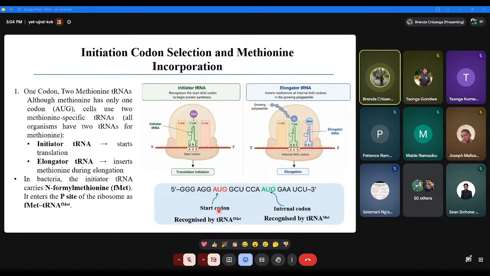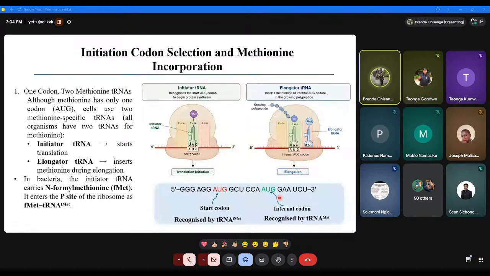So then how does the machinery distinguish this AUG from that one? There must be a way to distinguish them. And think of it in this way. If you have a sentence and you start reading it halfway, it's possible you're going to get the full instructions or the full information, but it is always best to read the sentence right from where it starts to the full stop.